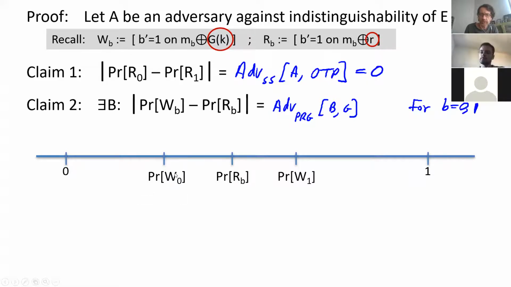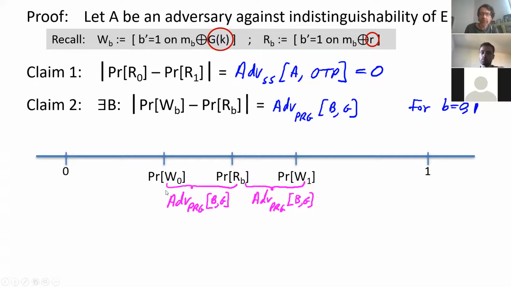This is how he acts on real encryptions of M0. This is how he acts on one-time pad encryptions. And it doesn't matter which one because they're identical. This is just how he acts on random n-bit strings. And this is how the attacker acts on real encryptions of M1.